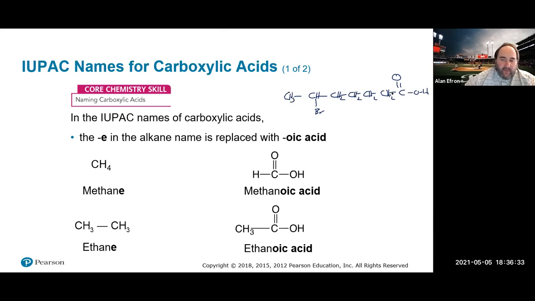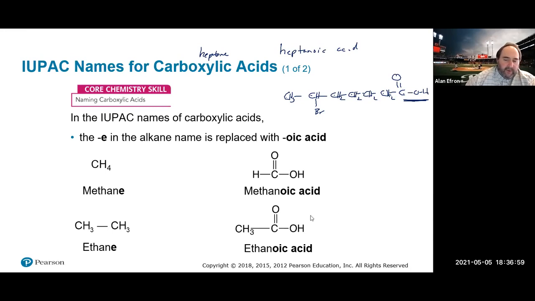We would have 1, 2, 3, 4, 5, 6, 7 I drew. 7 is based off of heptane. We see our carboxylic acid group over here at the end. It becomes heptanoic acid.